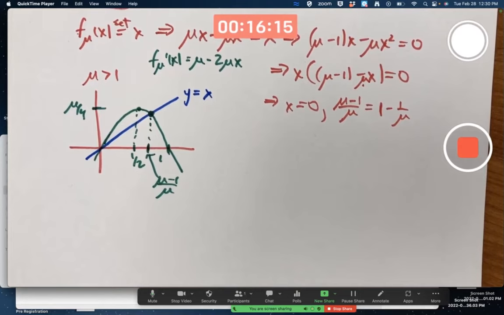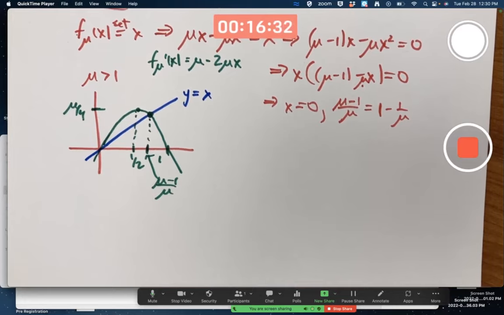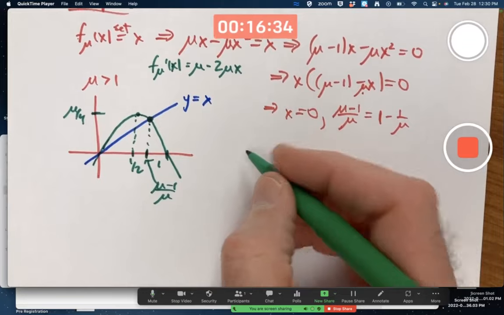Remember that? Which is related to one of the theorems in the book. It's related to the contraction mapping theorem about when a function has a unique fixed point. We'll talk about it again.